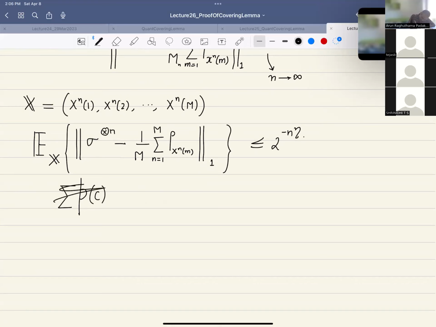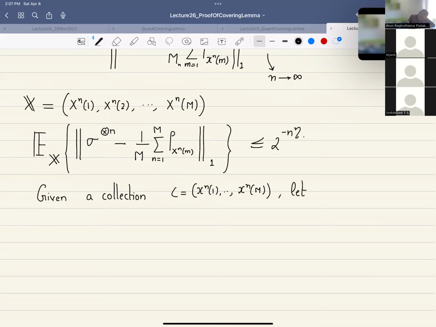Given a collection C, let rho C, the very bad notation, so let me use maybe theta C. Theta C is essentially this guy.